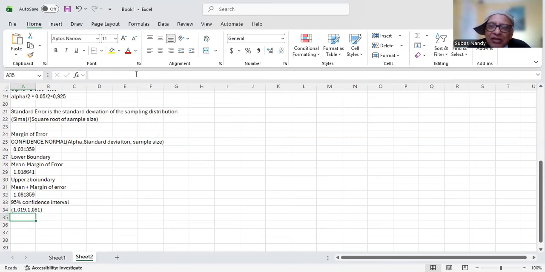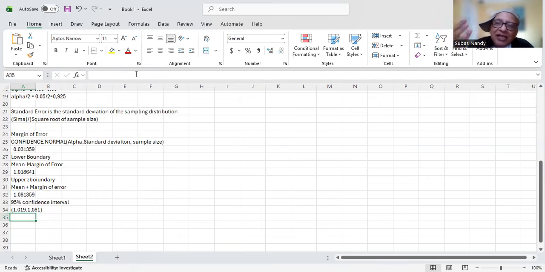In Excel, Excel has the formula to calculate the margin of error. What is the margin of error? It is the critical z value times the standard error. What is standard error? Standard deviation of the sampling distribution, and the formula for that is population standard deviation divided by the square root of the sample size.